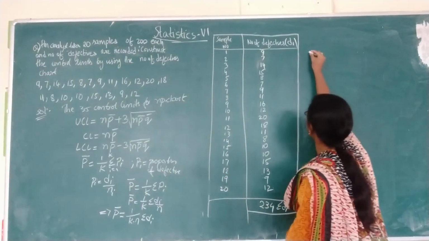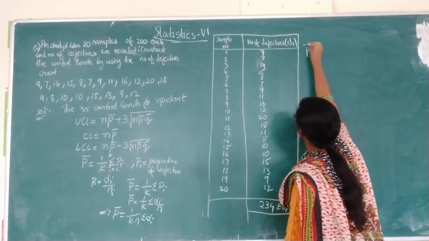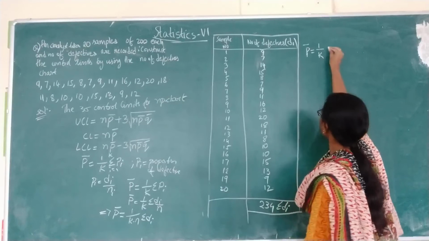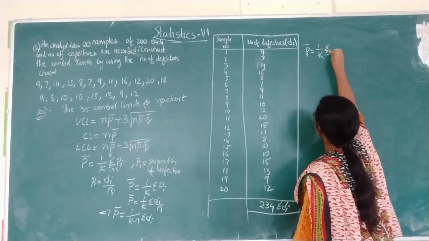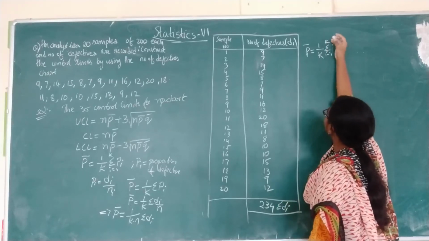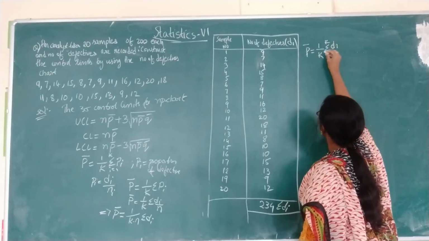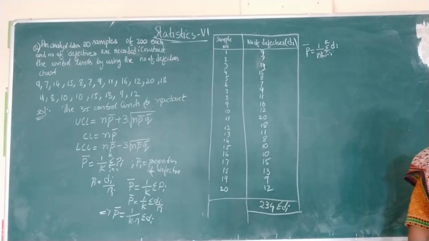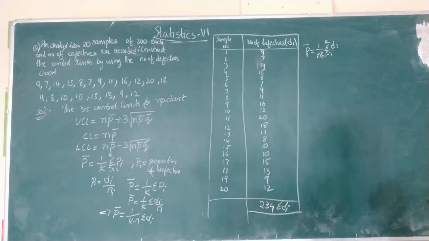First calculate the P bar value. P bar equals 1 by k summation i equals 1 to k, P i, you can write Di, 1 by n into k into summation Di.